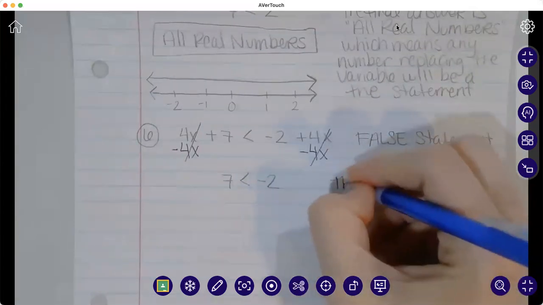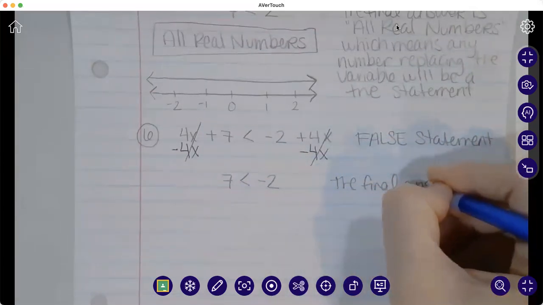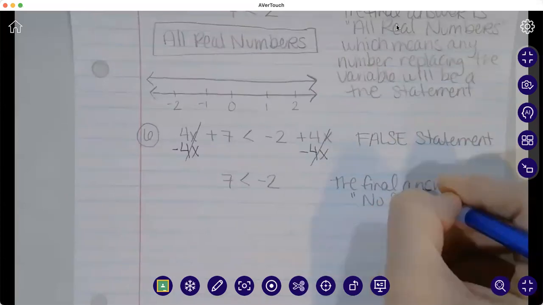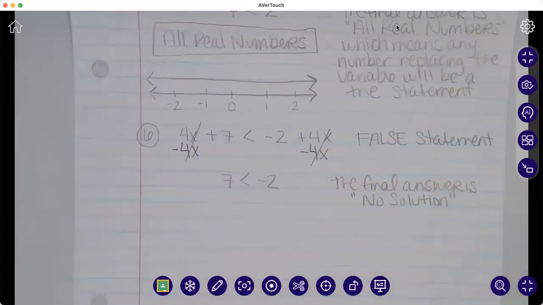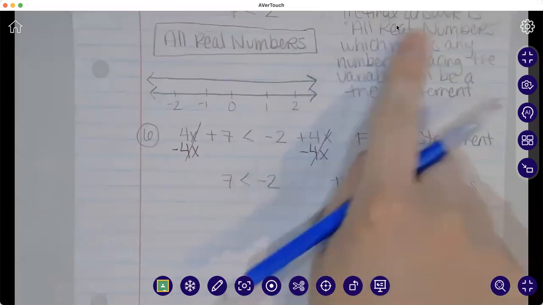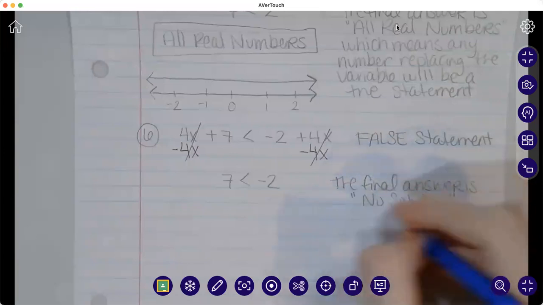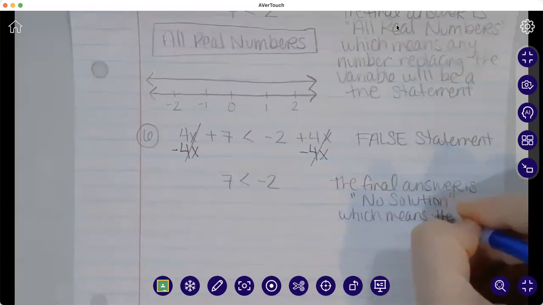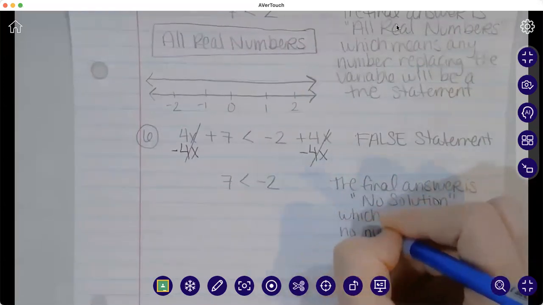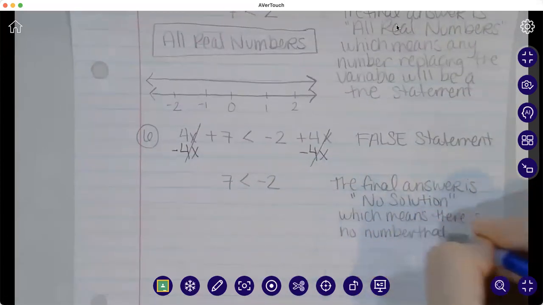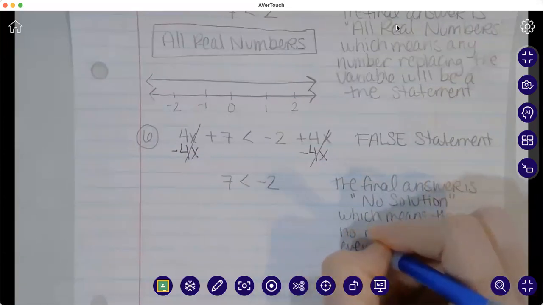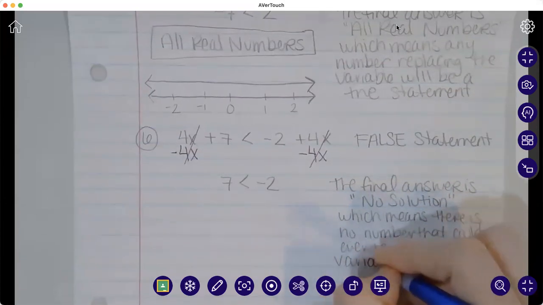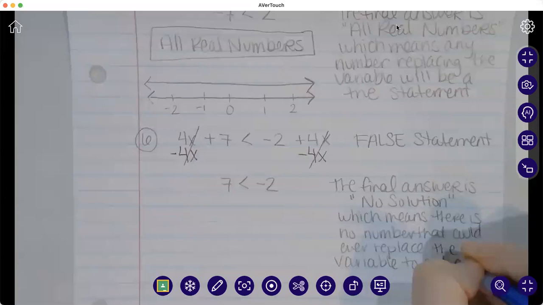However, the final answer is no solution. Okay, and again, this phrase, no solution or all real numbers, is the exact phrase you should be using. No solution means there is no number that could ever replace the variable to get a true statement.